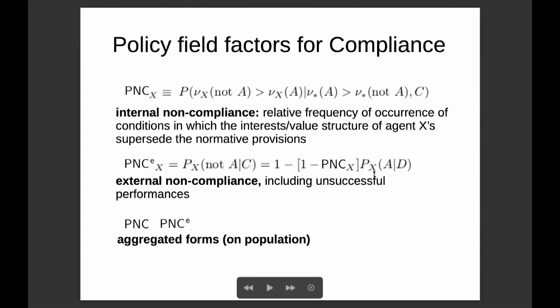Even if I want to follow the rule, I cannot, as I'm not able to perform the action. This is the external non-compliance. We define this factor at individual level. However, often policymakers apply aggregated forms of them, estimating how much compliance one has to expect with respect to that norm in the social context under focus.